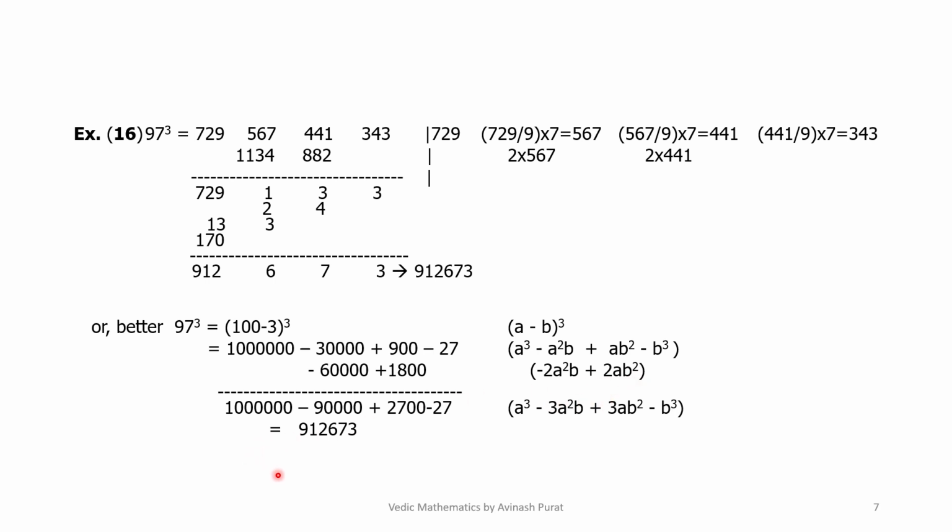So 10 lakhs minus 9 lakhs, that is 9 lakhs 10,000 plus 2700 minus 27. 2700 minus 27 is 2673, and 9 lakhs 10,000. So 9 lakhs 12,673.